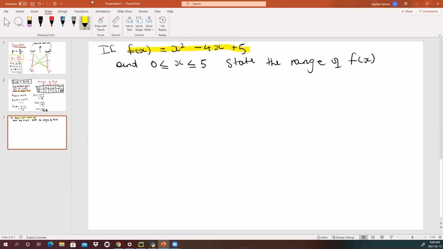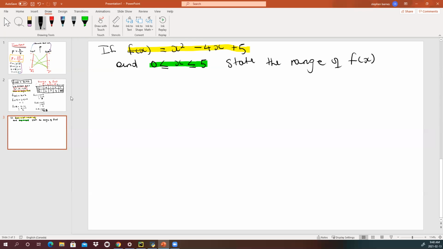And we also have the domain for our function, and we're asked to state the range for this particular domain. So x is greater than or equal to 0, and x is less than or equal to 5. So effectively, the domain values are between 0 and 5.